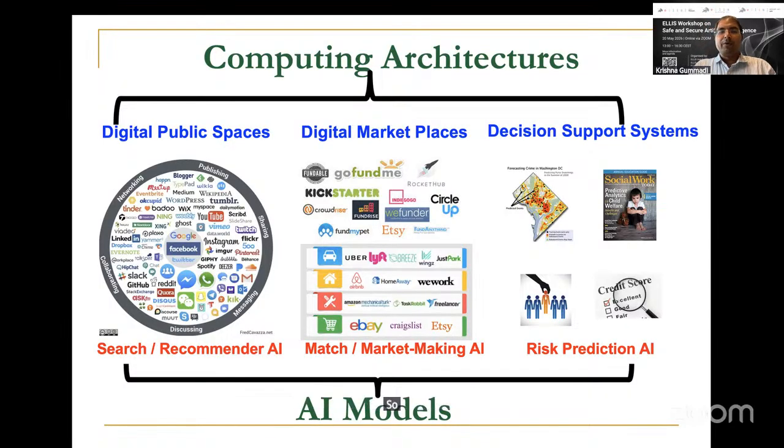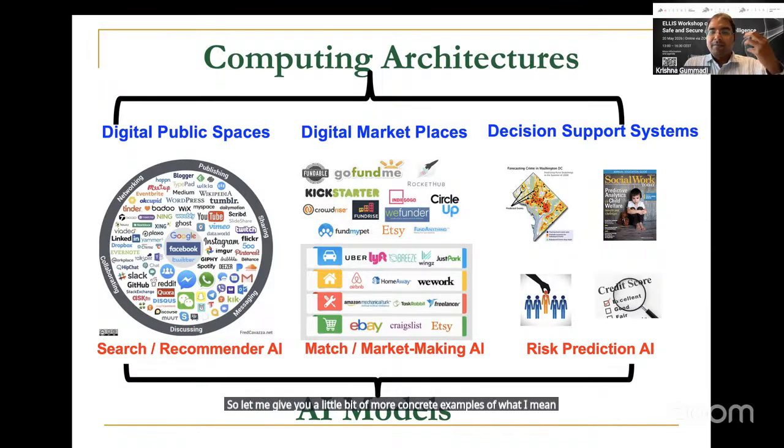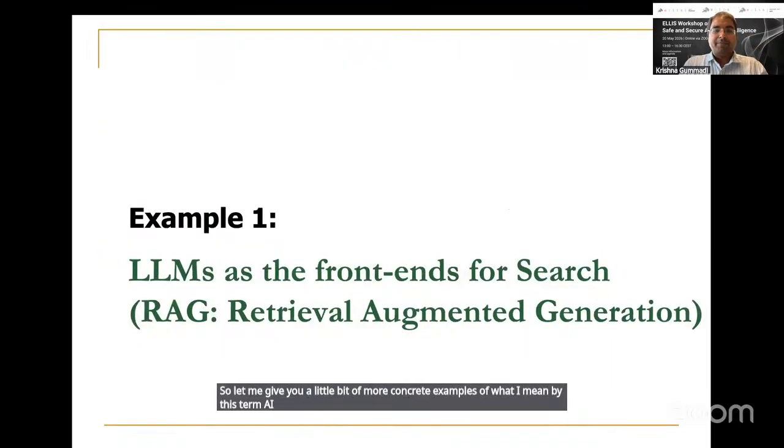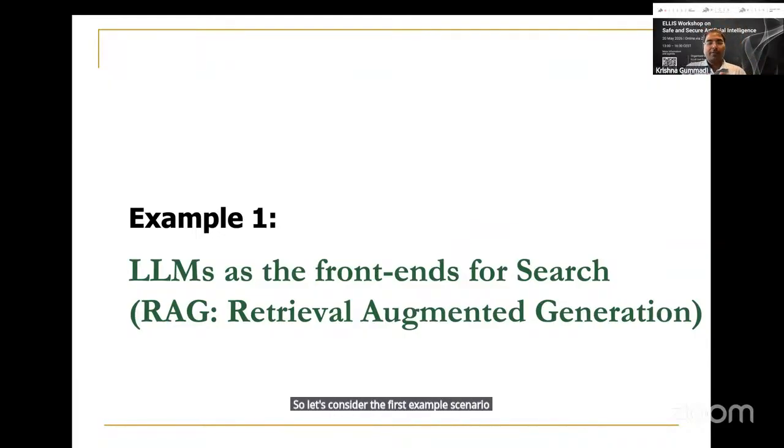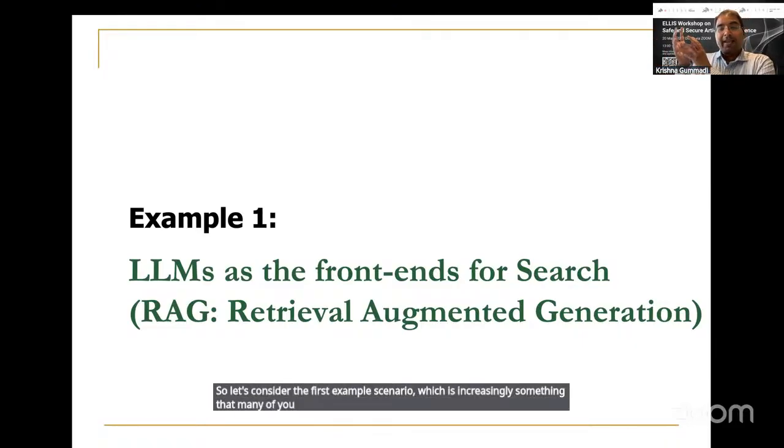So let me give you a little bit more concrete examples of what I mean by this term, AI models having agency. Let's consider the first example scenario, which is increasingly something that many of you might have seen, which is LLMs, or language models, being used as front ends for search.